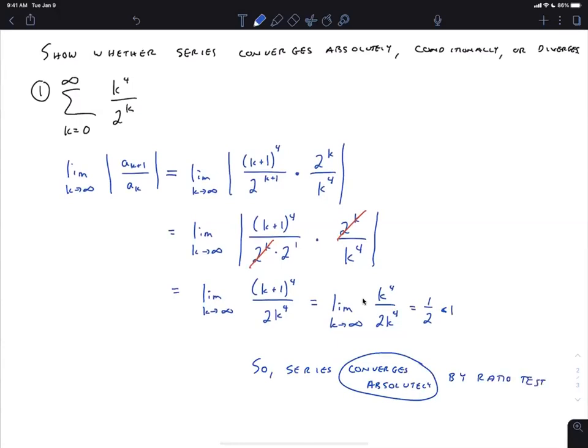So this is how it works. Any questions on what we're doing on each of those steps? Okay, so this is how you use the ratio test.